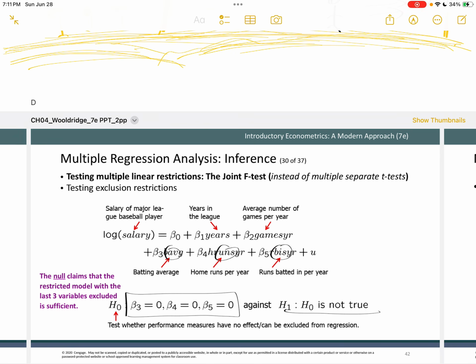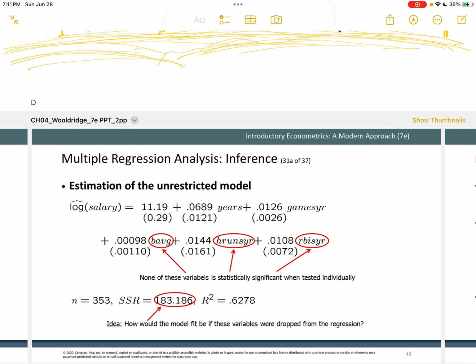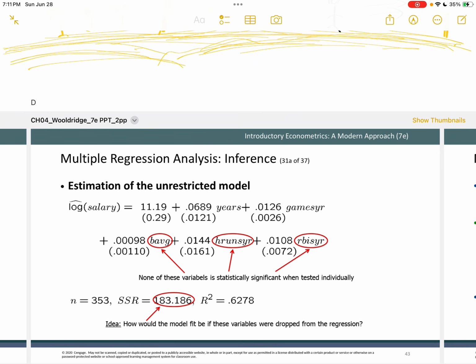The null claims that a restricted model with the last 3 variables excluded is sufficient. The alternative says all the variables are needed in the model. And so we test that.